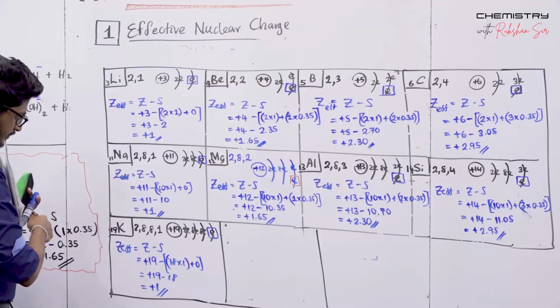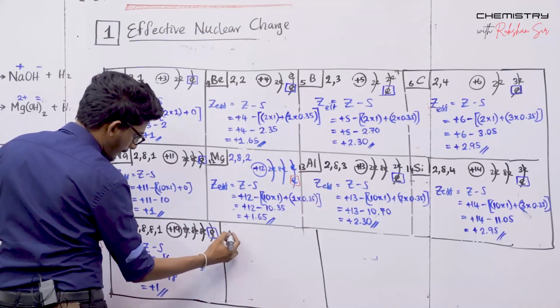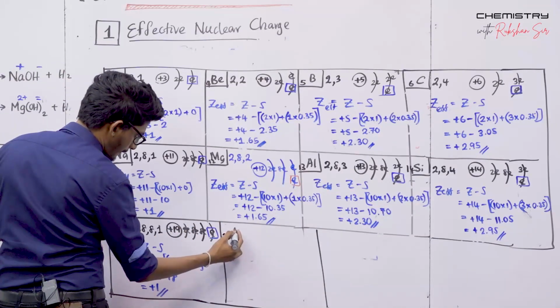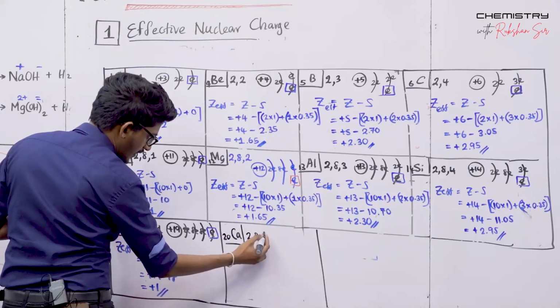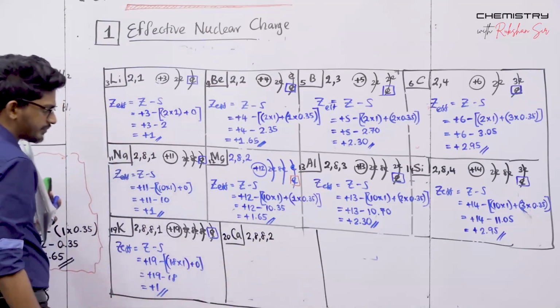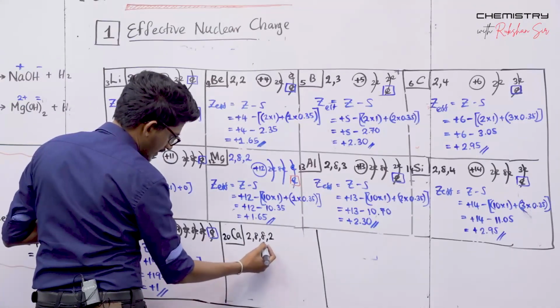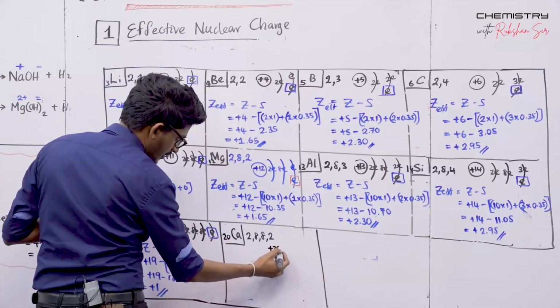For the calcium, it is 2, 8, 8, 2. So if you consider it, plus 20.